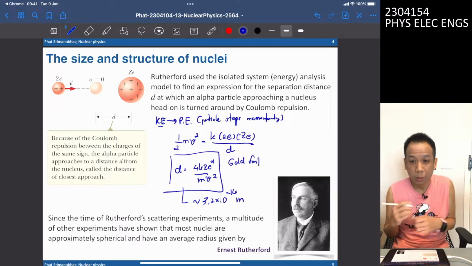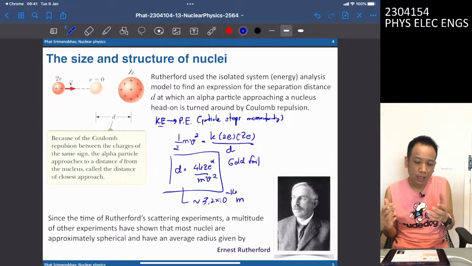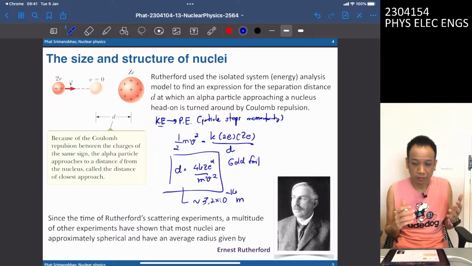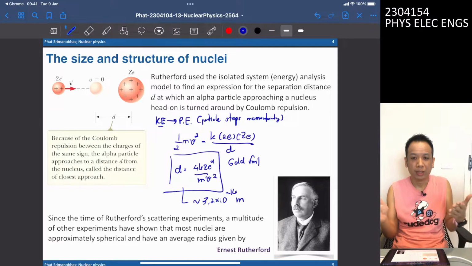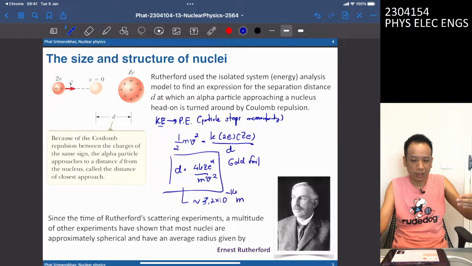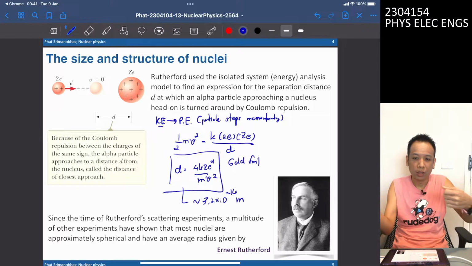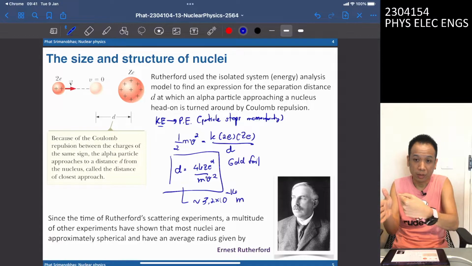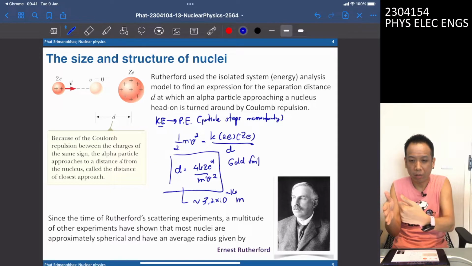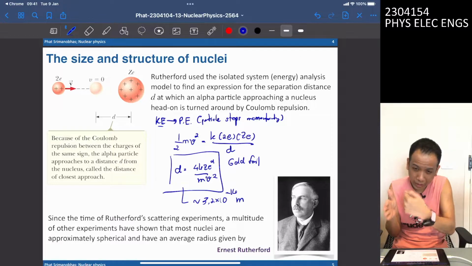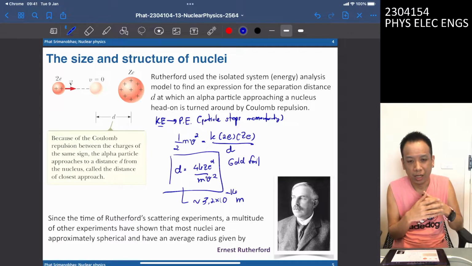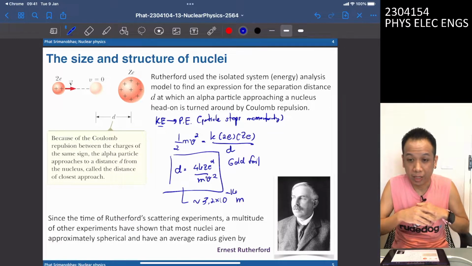It means that the nucleus needs to be smaller than that, because the alpha particle is shot toward the nucleus but cannot really reach it. It stops at some point because all of the kinetic energy is converted to potential energy.